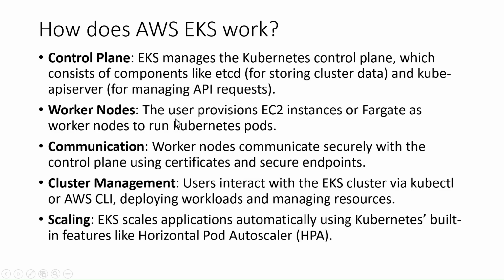Next is worker nodes. So the user provisions EC2 instances or Fargate as worker nodes to run Kubernetes pods. So we have two kinds. One is you can just deploy your own EC2 server and install the prerequisites like Kubernetes, Minikube, and things like that, and then deploy the application.